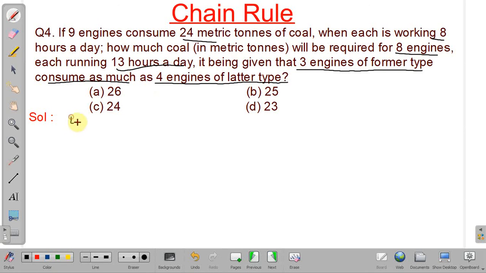Now it is given, let three engines of former type consume 1 unit in 1 hour.